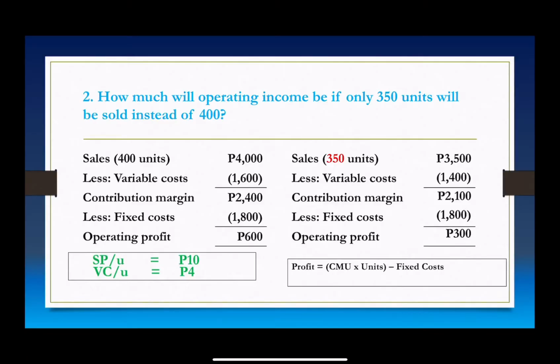The contribution margin per unit is the difference between the selling price per unit and the variable cost per unit, so it will be 6 pesos. So 6 pesos times 350 minus 1,800 will give us the same result of 300 pesos.